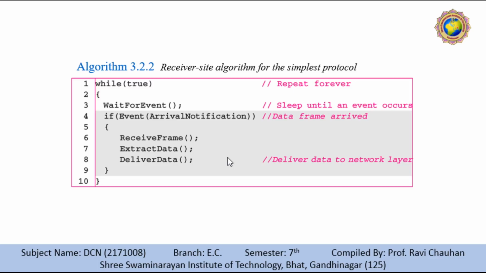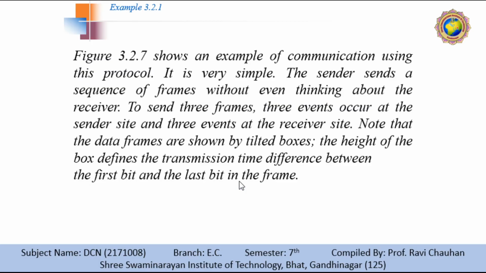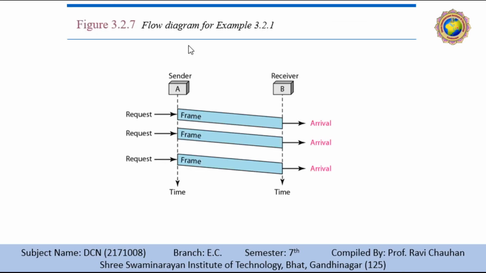So it is very clear to you how our algorithm works at the sender side and receiving side. So let's have an example to see it another way. Over here our figure shows an example of a communication using this protocol. It is very simple.